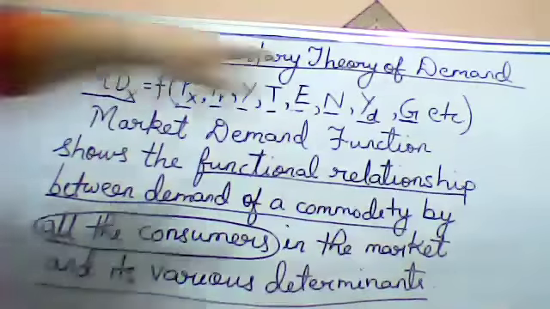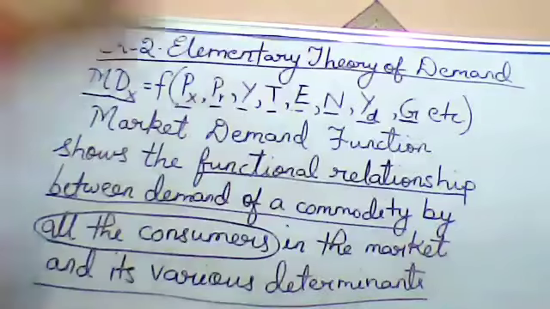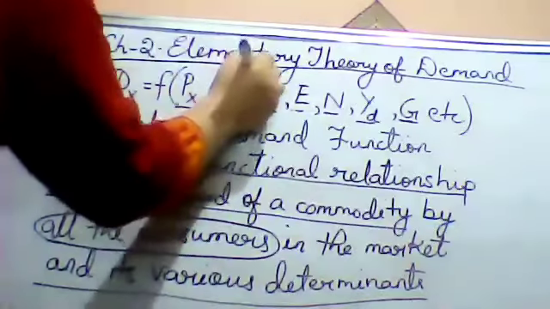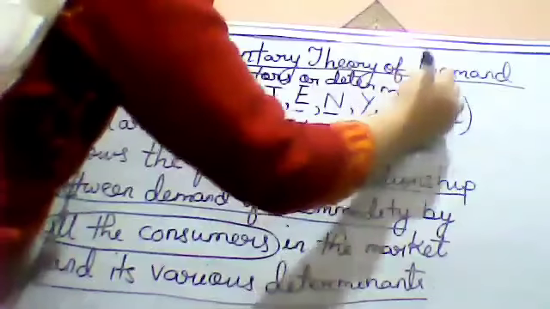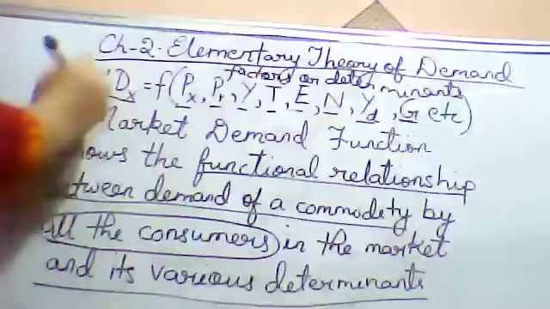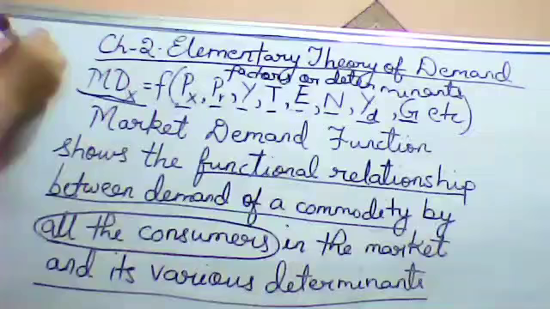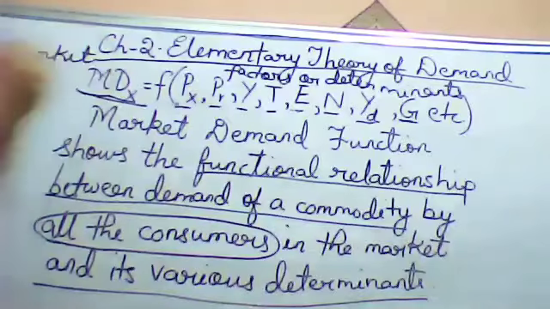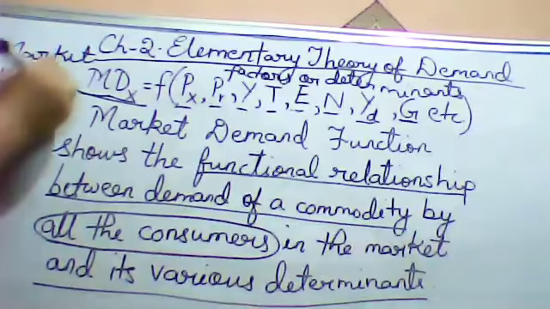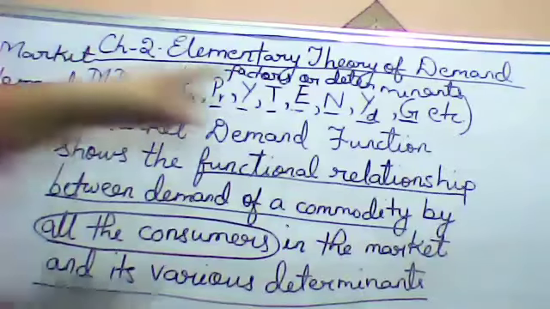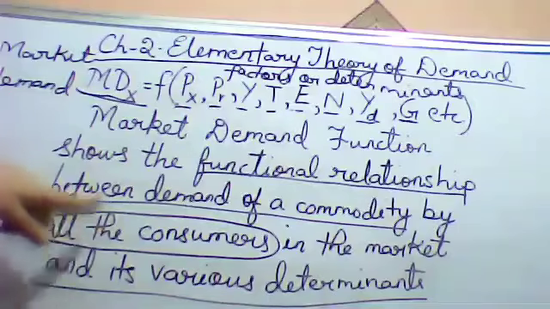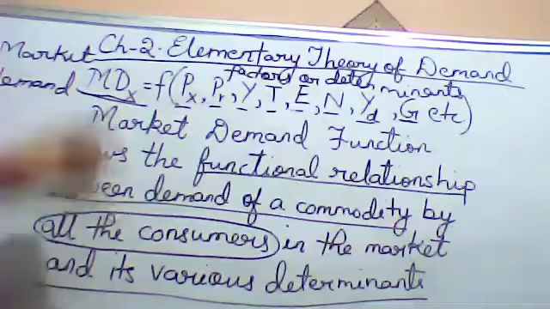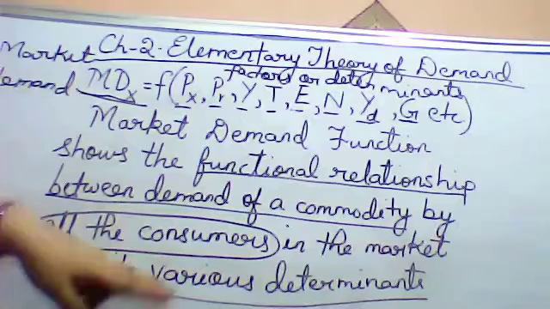So these are the different factors, or different determinants. You can write factors or determinants of market demand. Children, many of the topics are removed, so you are not left with many topics which can come as 5 marks questions.